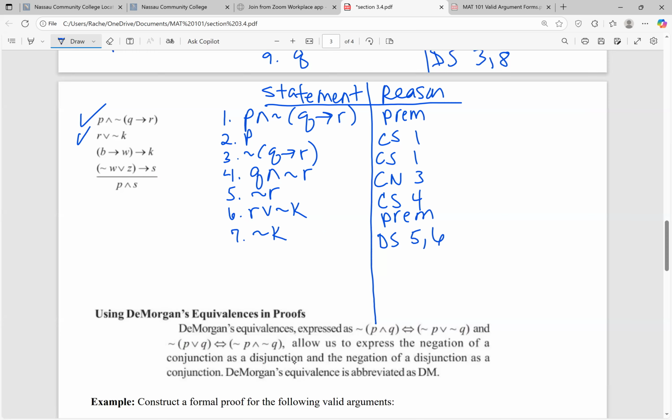And now that I have not K, and I see that I have a K in the right-hand side of a conditional, I'm thinking, okay, modus tollens. So I'm going to write that third statement. So that third premise, B implies W implies K, it's a premise.